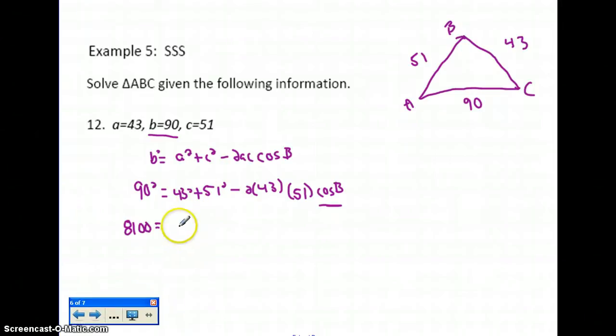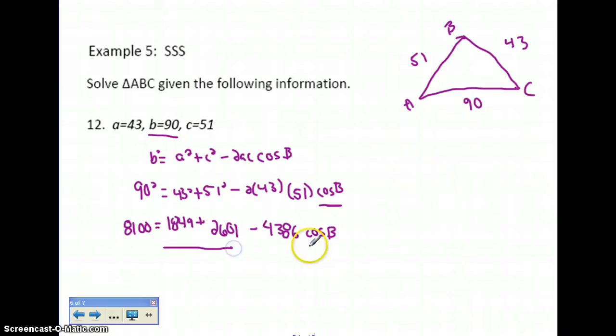Okay? 43 squared is 1849. 51 squared is 2601, minus, if I multiply these three terms together, I get 4386 cosine B. I can combine those two terms, but I cannot combine these three terms because this one has a cosine B, these two do not.